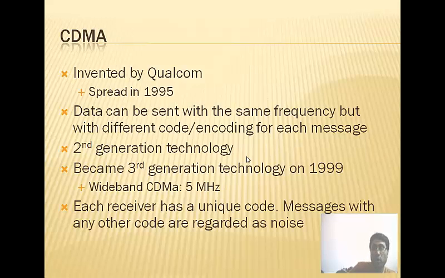In 1999, CDMA improved to a third generation technology known as wideband CDMA. In CDMA, each receiver has a unique code and tries to identify the message encoded with that code. Messages with any other code are regarded as noise.